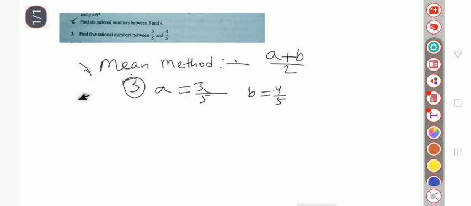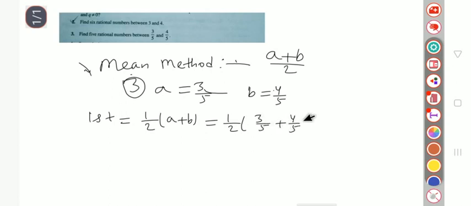So the first rational number will be 1 upon 2 (a plus b). So what is it? a is 3 upon 5 and b is 4 upon 5. So 1 upon 2, take the LCM, which is 5.